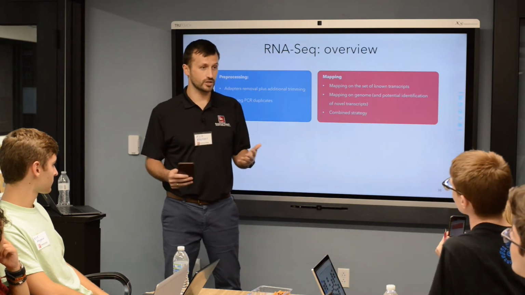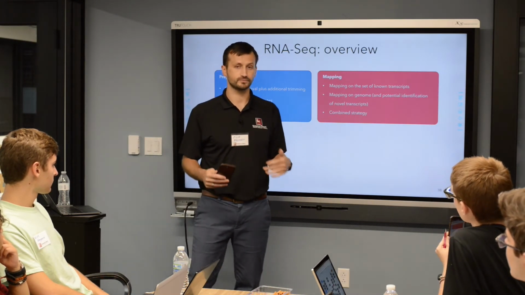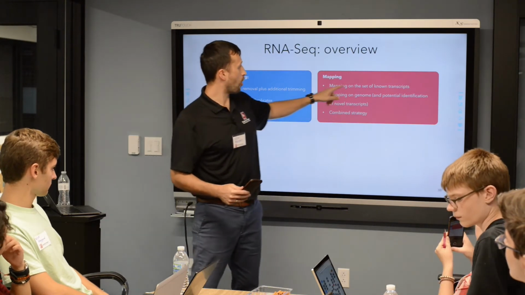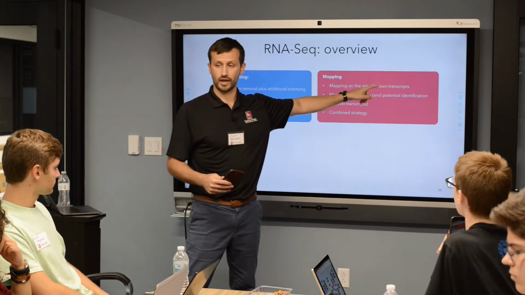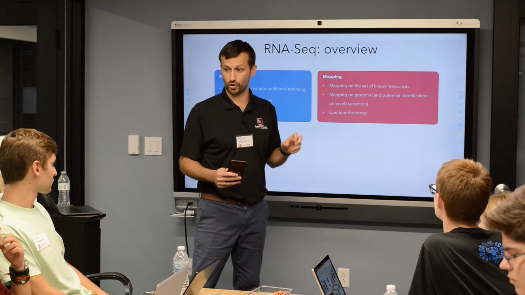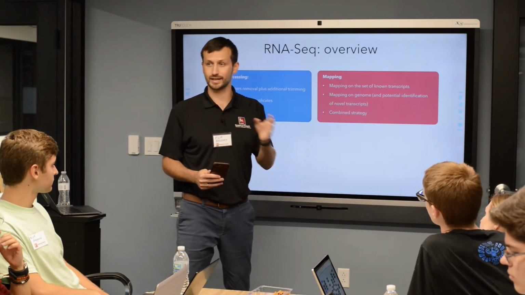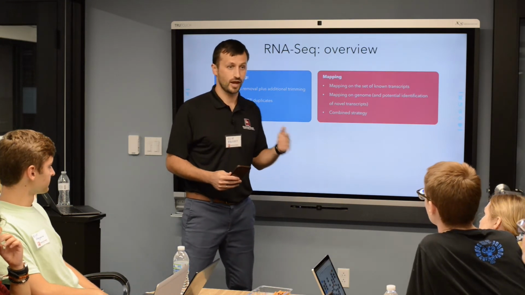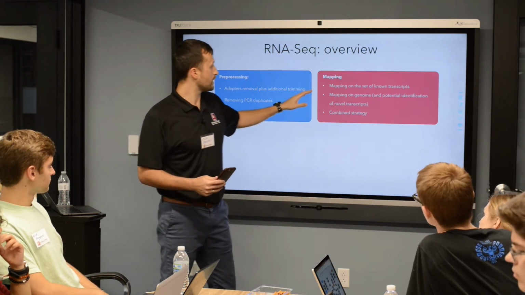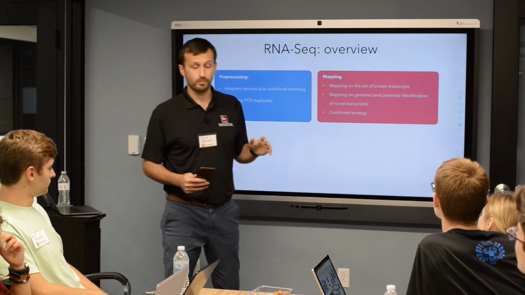Now we have a much simpler computational problem. So we can map on the set of known transcripts, and those would be called the transcriptome. We take from the GTF file the positions of beginning and end of all of our exons and forget about the rest. The other alternative is we can actually map on the full genome.